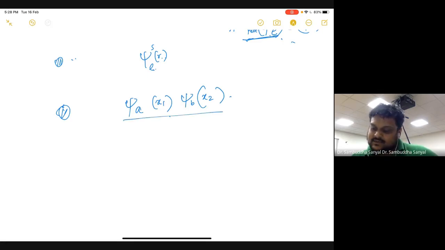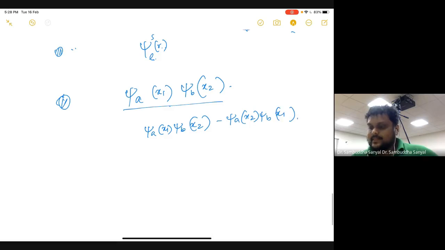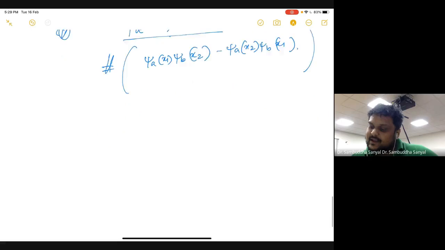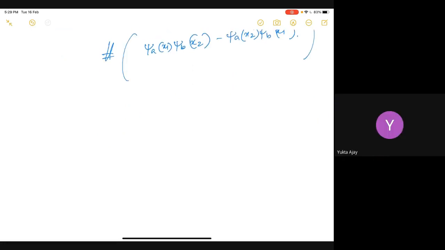But since they are indistinguishable, the whole electron wave function is this, right? With some normalization factor. Similarly, you can write such a wave function for all the electrons in the universe, in principle. Okay. So that is the statement. Right? Got it.